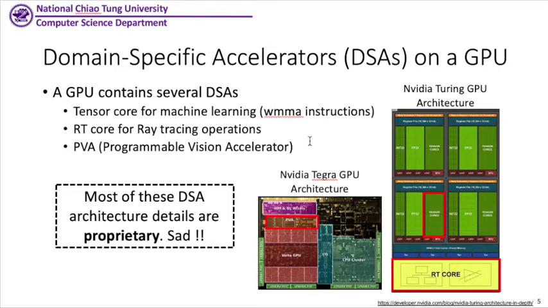For example, NVIDIA releases the WMMA instruction to map the matrix multiplication to the tensor cores. However, details of this domain-specific accelerator architecture are not unveiled yet. So this is very sad.